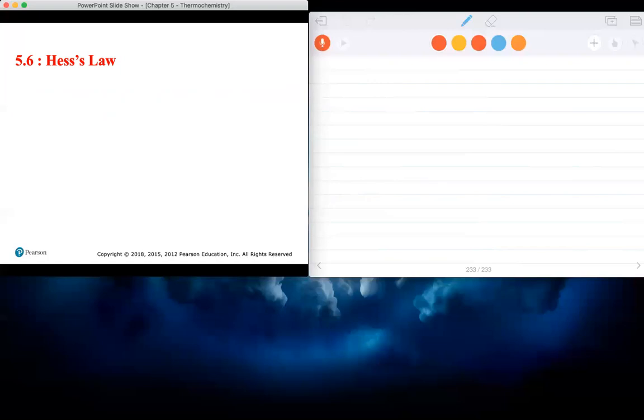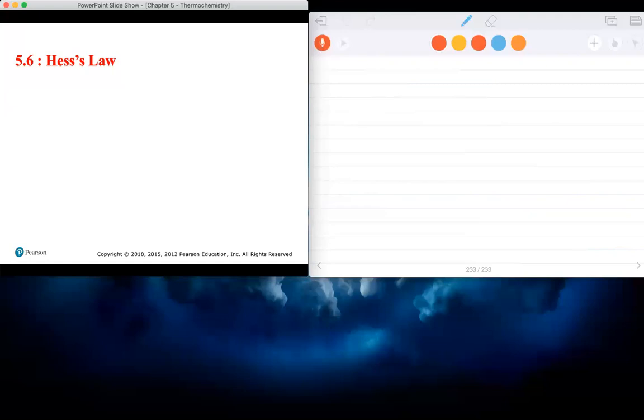Now, Hess's law. What is Hess's law? Let me start off by saying Hess was just somebody who, like Avogadro, came up with an equation or a method or a technique of determining the heat of reaction. We have just looked at calorimetry and the equation for determining the heat of reaction.